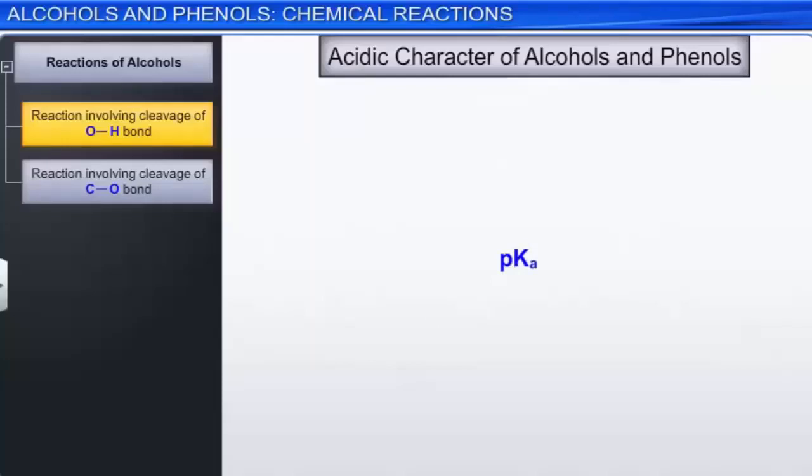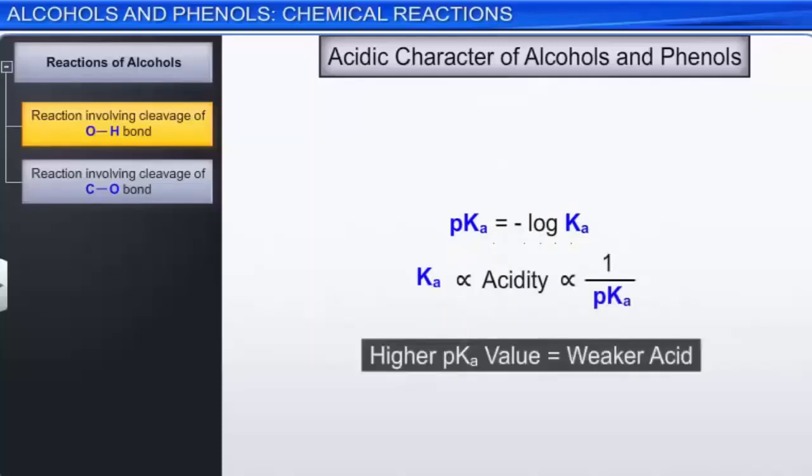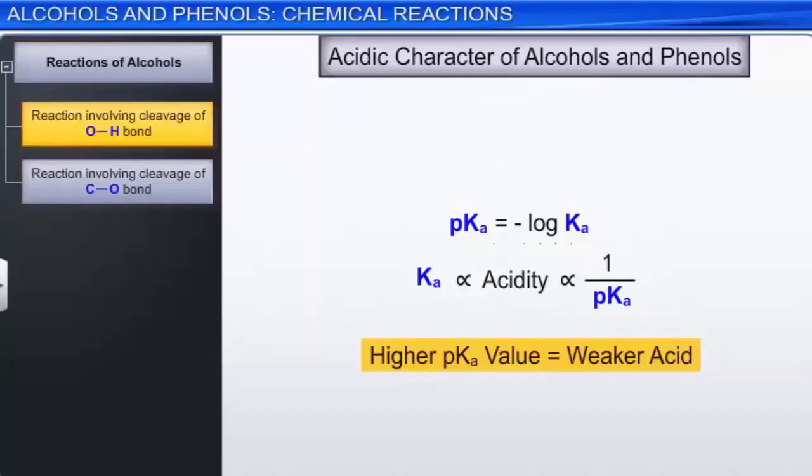The pKa of any acid dissociation constant is defined as the negative log of the Ka value. Since pKa is a logarithmic function, as the Ka increases, as acid strength increases, the pKa value decreases. Therefore, a higher pKa value corresponds to a weaker acid.